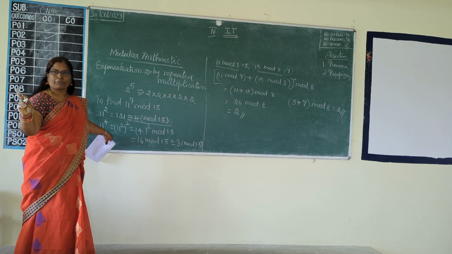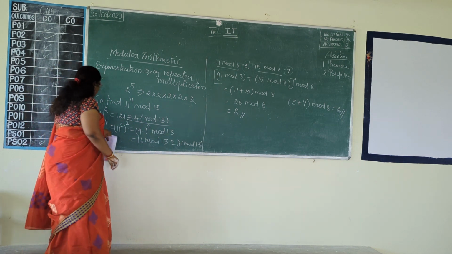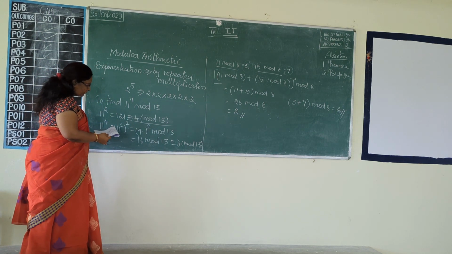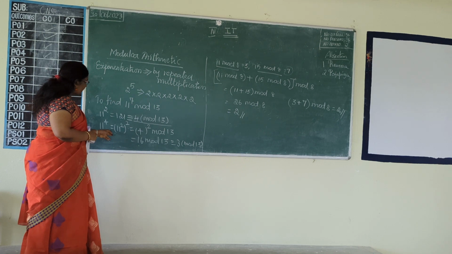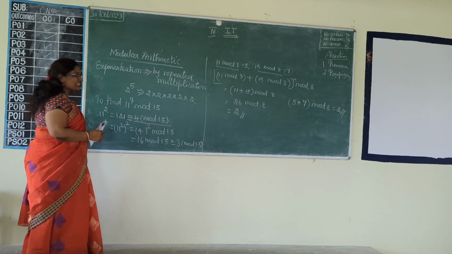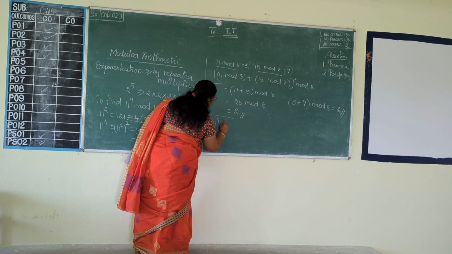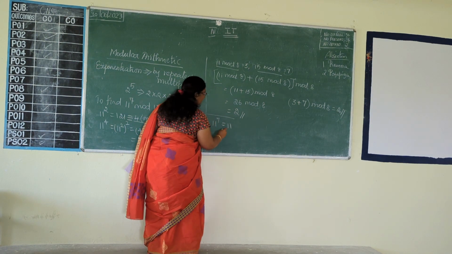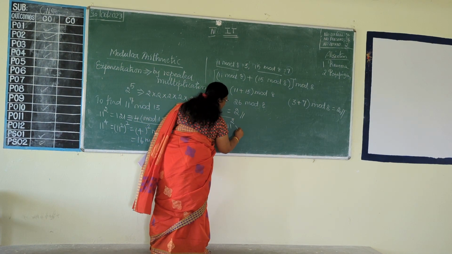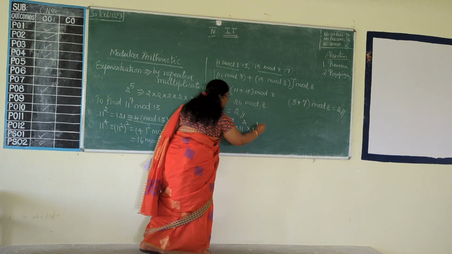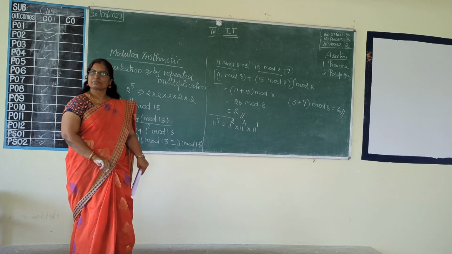When I have 11 to the power 4, the next level I can go directly to 11 to the power 7. How? 11 to the power 7 is equal to 11 to the power 2, 11 to the power 4, 11 to the power 1. Do you agree with this? Yes.